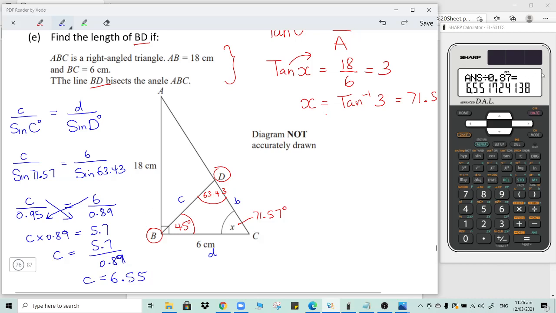Let's do that back. 5.7 divided by 0.89 is 6.40, right? And it will be in centimeters. So we just figured out the question. The length from B to D, which is common C, is 6.4 centimeters.